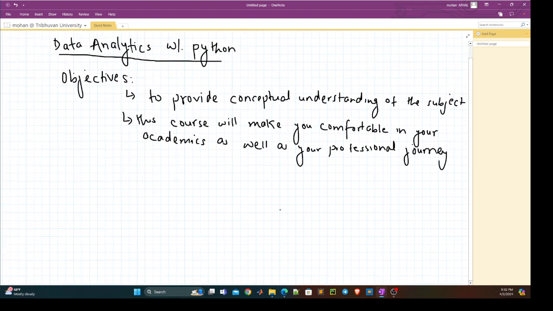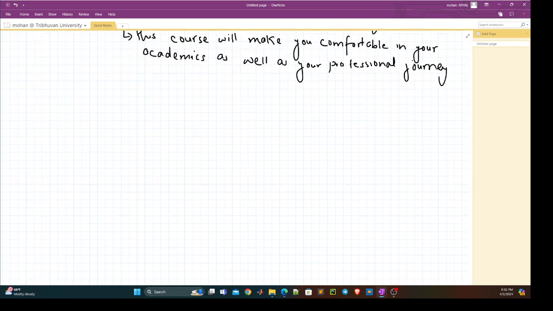These are our objectives, and moving on to the next one.